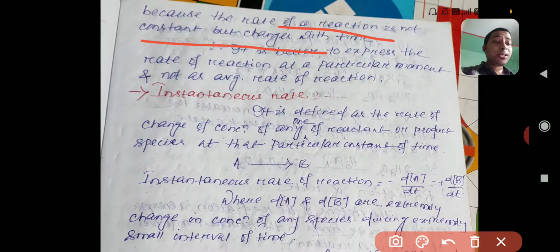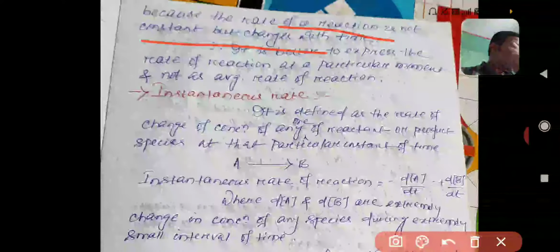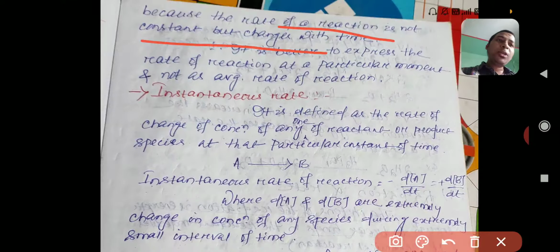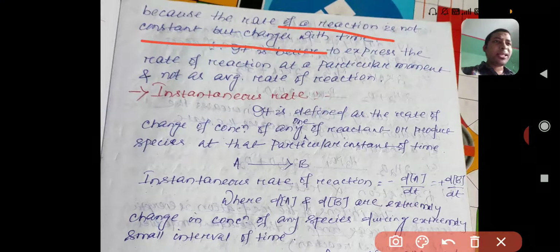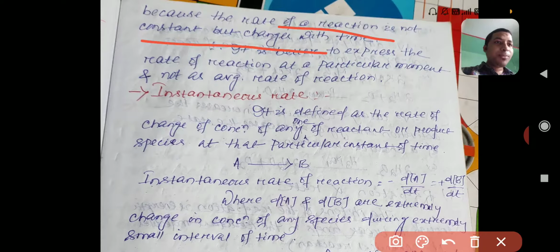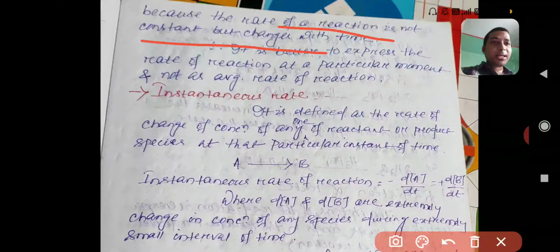So what is instantaneous rate of reaction? The rate of reaction that is obtained at a particular instant of time, at an exact moment. So it is defined as the rate of change of concentration of any of the reactant or product species at that particular instant of time. Rate of change of any one of the reactant or product species at that particular instant of time is called instantaneous rate.